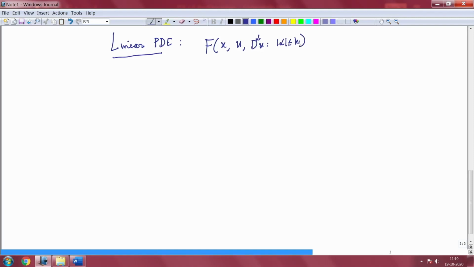For each x, f can be viewed as a mapping from R cross some RL, which I told you, to R. And we need linearity of this map.